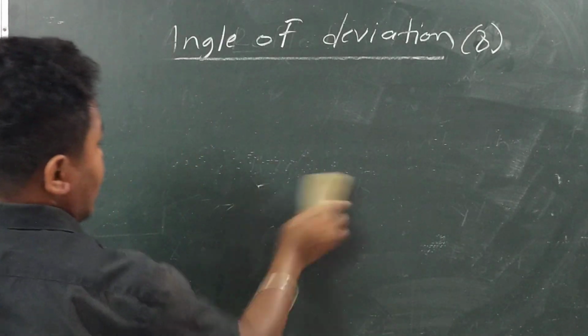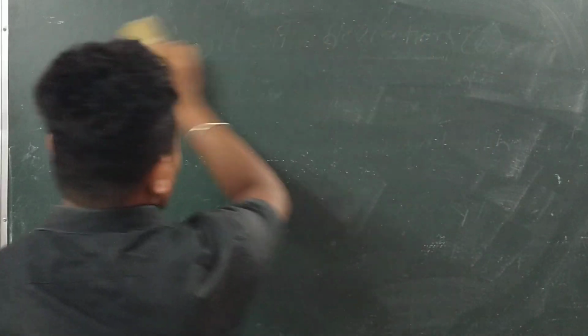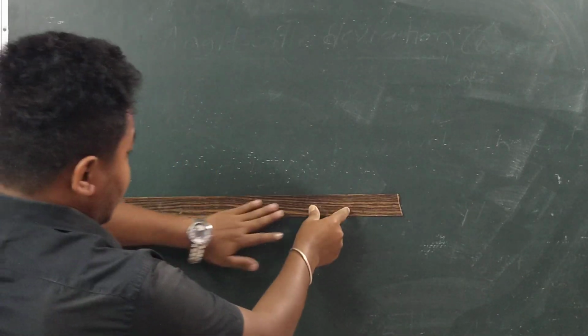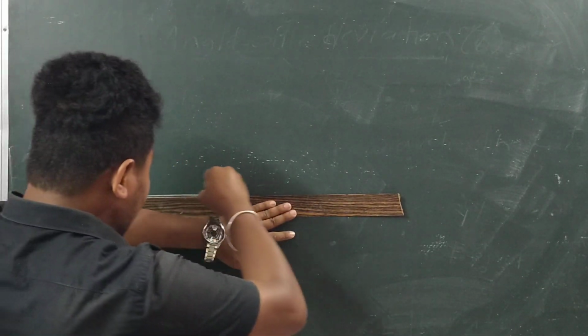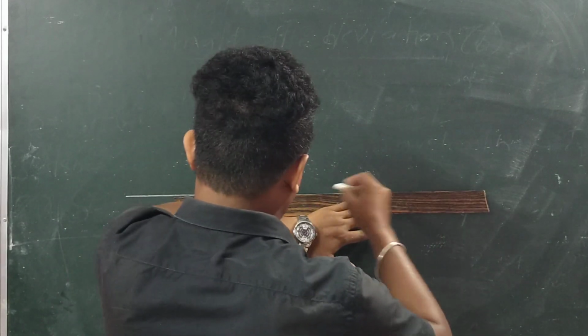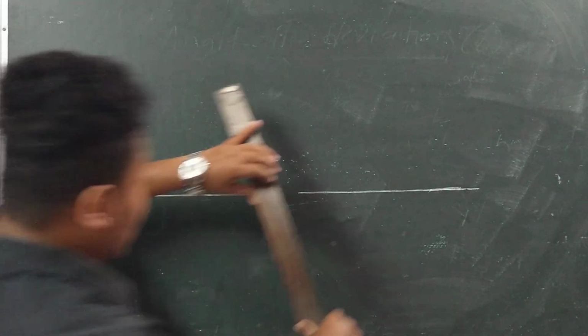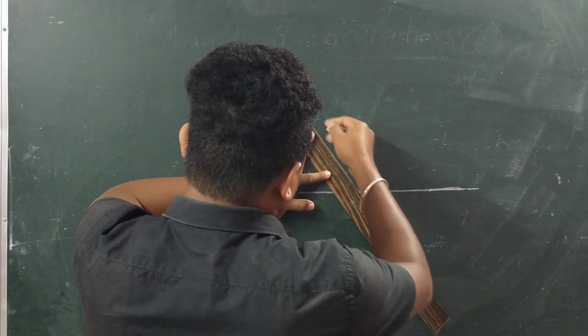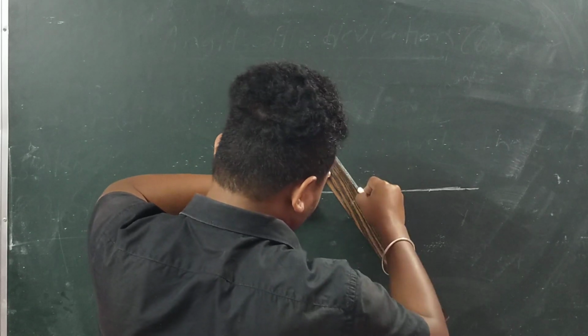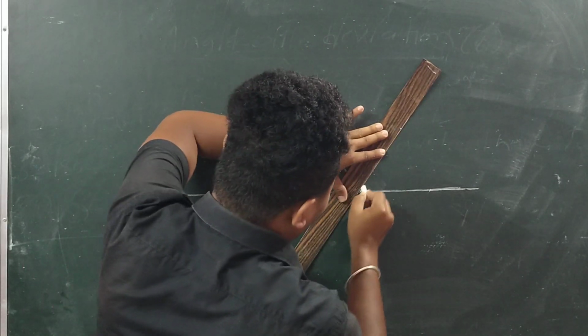After angle of deviation, one very common concept will come to the picture. See, suppose this is a reflecting surface; I am considering two reflecting surfaces in this case. Keep it in mind, it is a very important concept. As I have told you, if a ray of light strikes the surface, it will go this way.